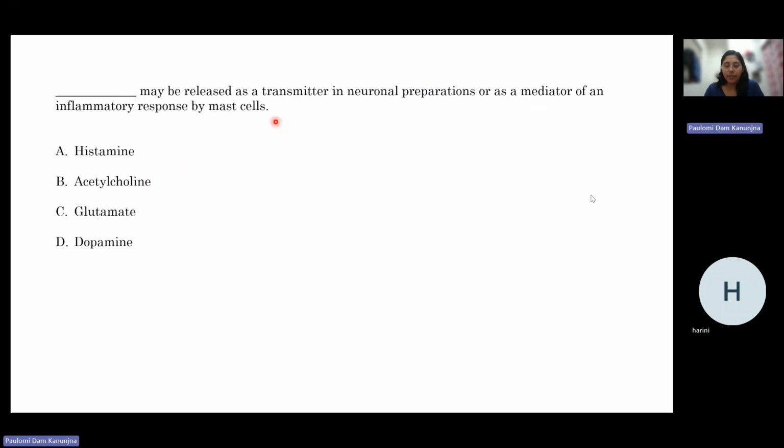Okay, no worries. I will show you the answer. It's histamine. Whenever you see mast cells, just remember your immunology classes: mast cells or inflammation are basically for histamine. So histamine has a role in those kinds of responses.